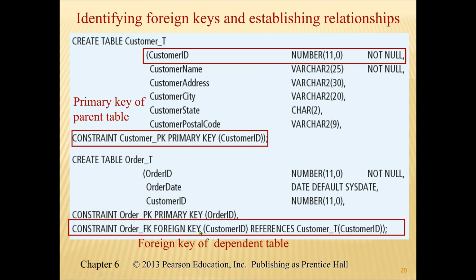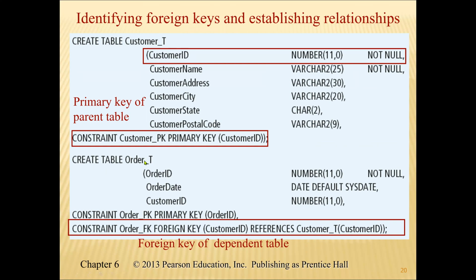Foreign key. Some books use the term secondary key. In this book, we are using the term foreign key. So as we said, if you want to create a relationship between two tables, you have to use a primary key. But that primary key becomes a foreign key because it's a primary key in another table.